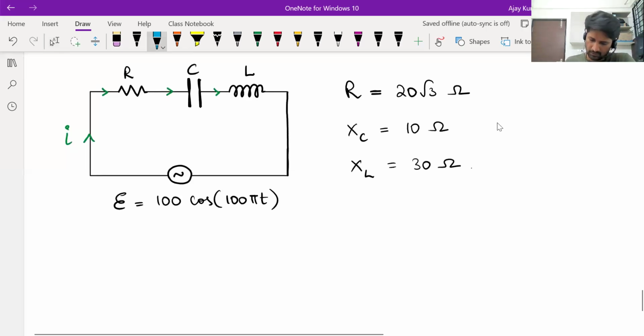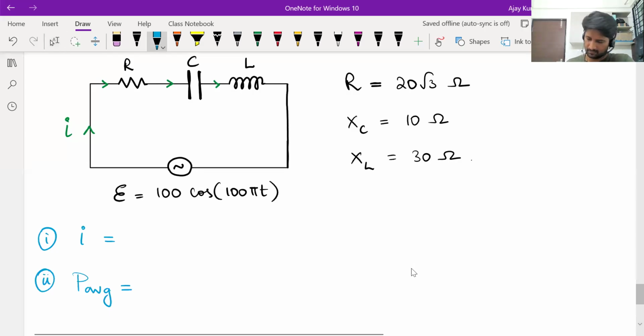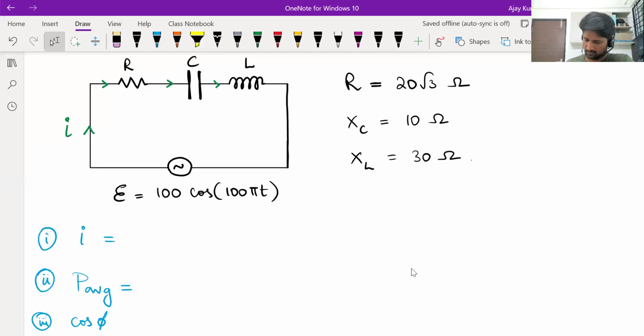I want you all to calculate, first derive the current equation. Then tell me what is the average power dissipated? And also tell me the power factor in this case. Try.